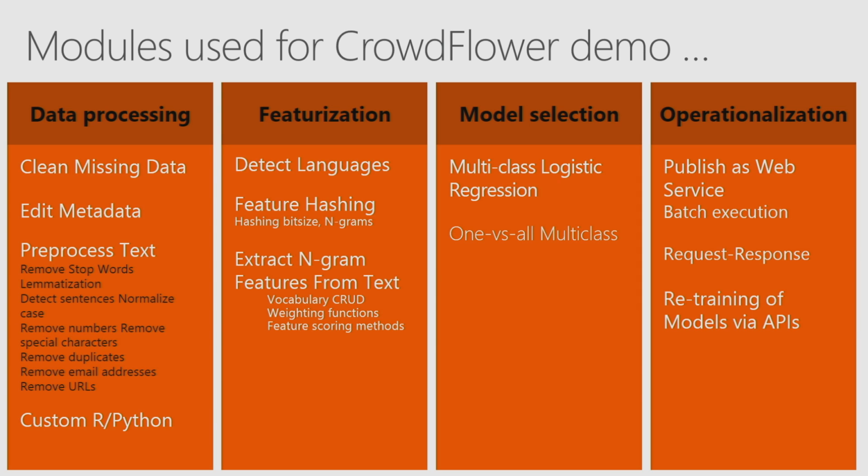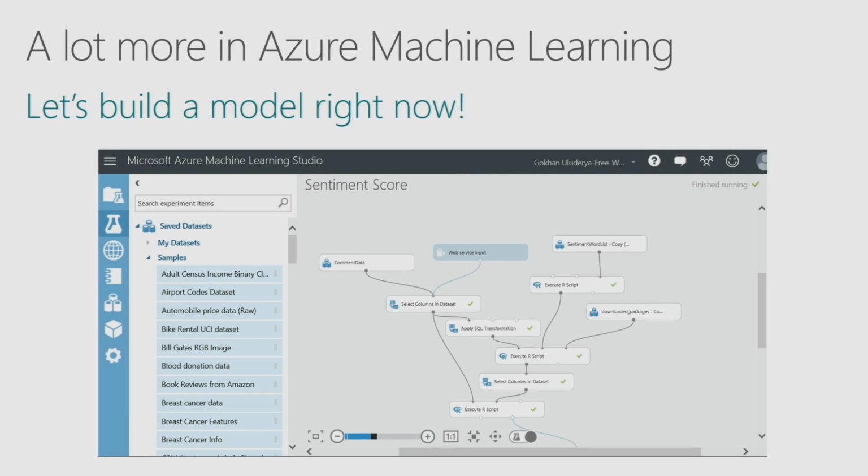Remember, these are two different services, geographically separated, and they're integrating very well together and providing a very seamless experience. So that said, they only use a subset of the capabilities, and there's a lot more obviously in Azure Machine Learning Studio in terms of the capabilities.